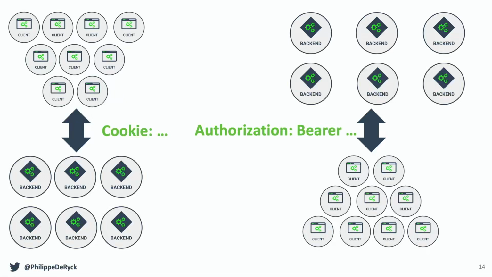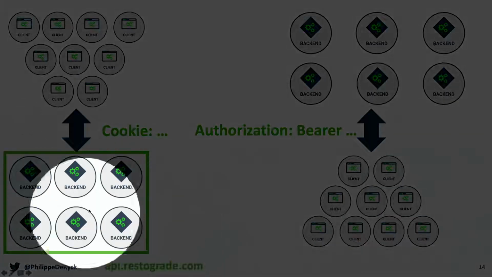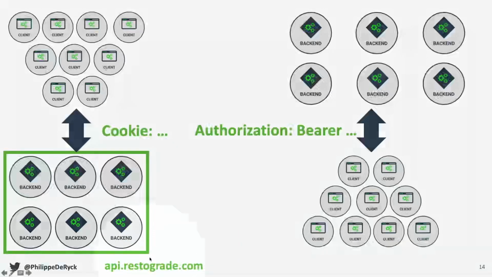One implication is that because the browser handles them, the browser decides when to send a cookie, and cookies are associated with domains. So if you're using cookies, it only works well if you have your APIs or your backend systems running on one domain. Domain-wide cookies are no longer recommended, and sharing cookies across domains is not a feature that's supported in browsers. You can make it work, but it's very dirty and very hacky, so it's probably not the way to go.